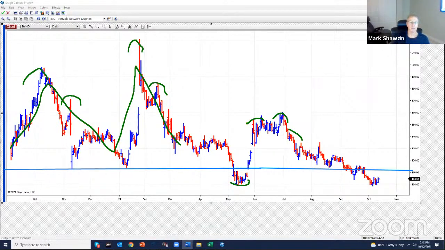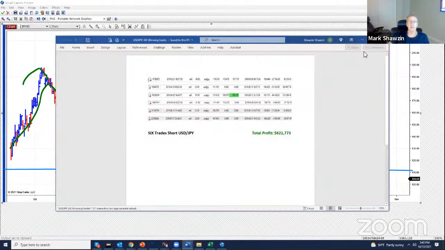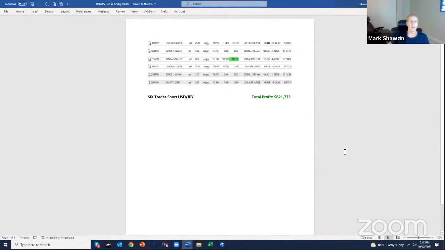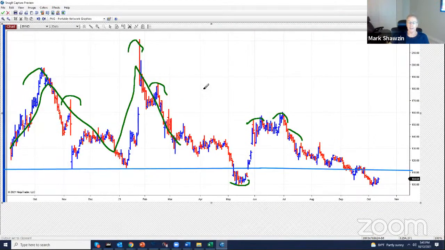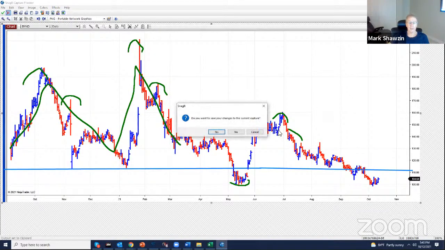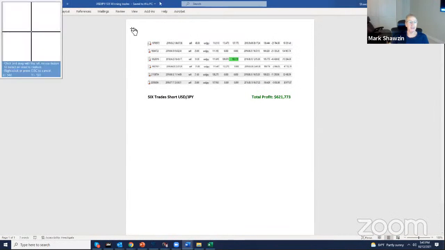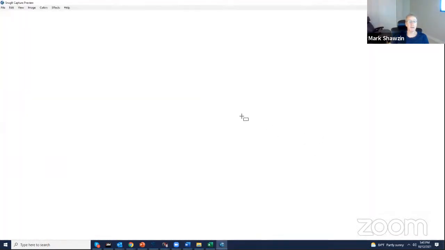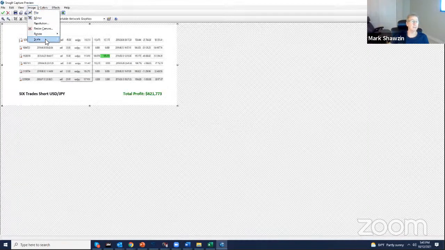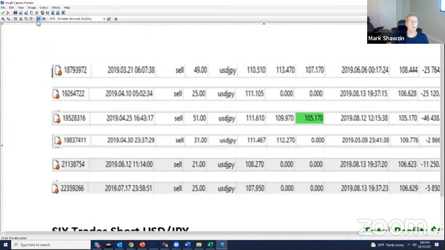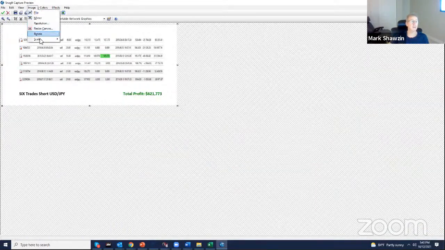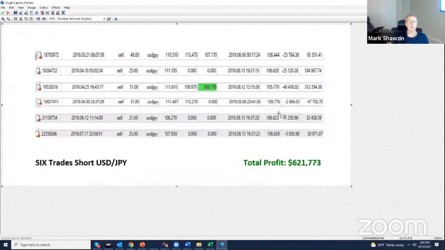So this was in a period where I was actively looking to short the dollar yen. It's a perfect example of a pending trade that went out on a Sunday, but the trade only got triggered on a Wednesday.